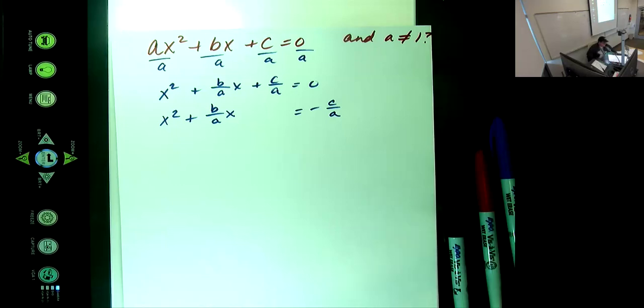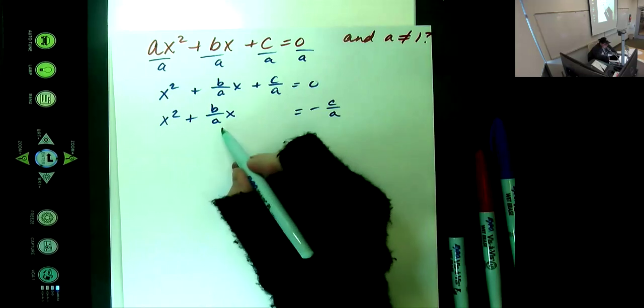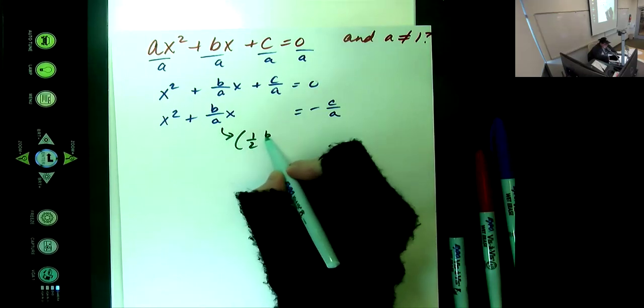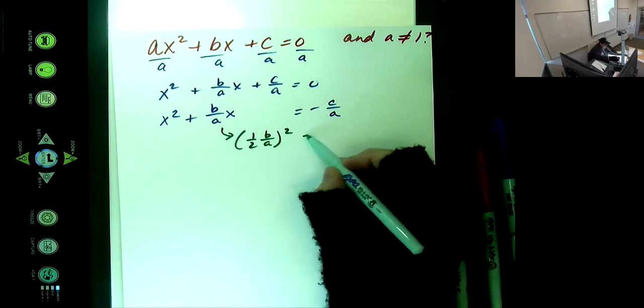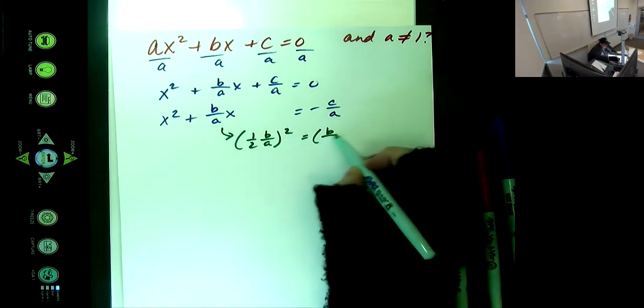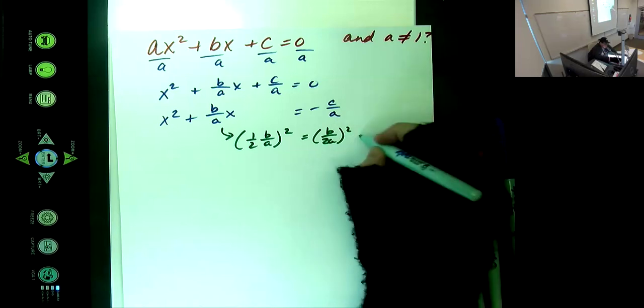One half b squared. So we're going to take this and multiply by 1/2 and square it. That is b over 2a squared, which is b squared over 4a squared.